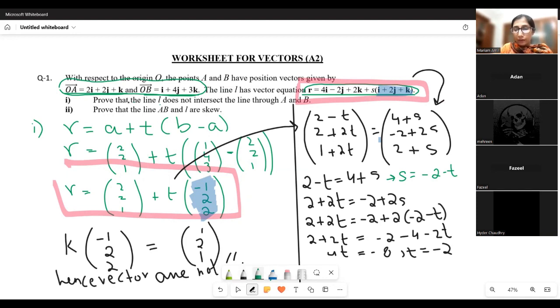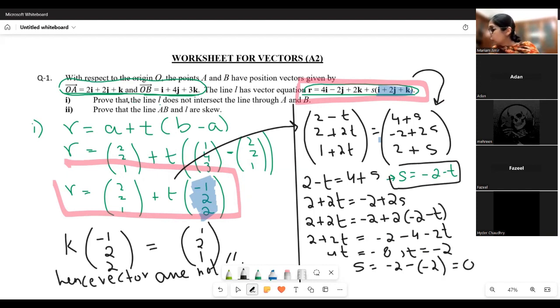Now let's find s. So s would be minus 2 minus t, which is minus 2 minus minus 2. So that would be 0. That's it. Yes. Okay.